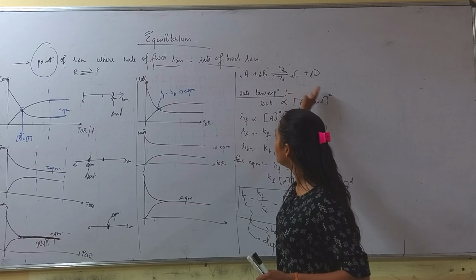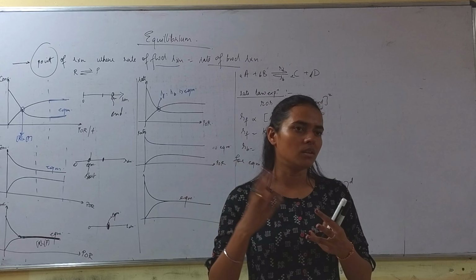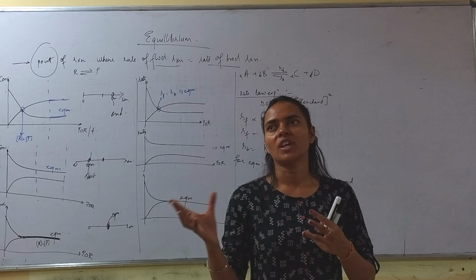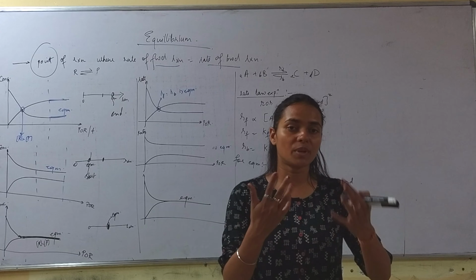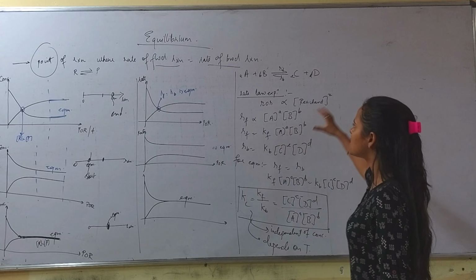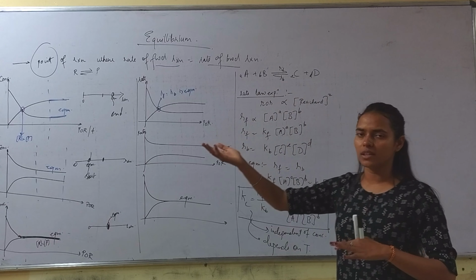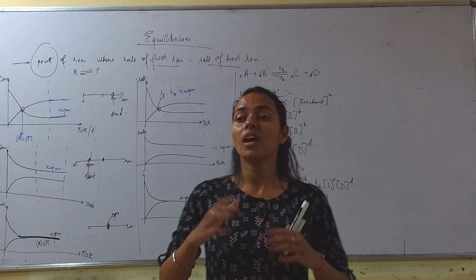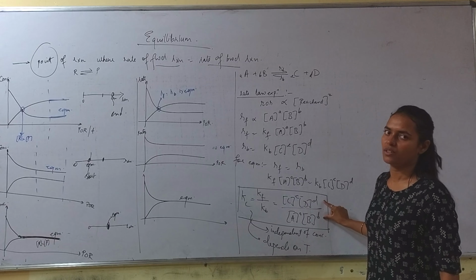The cause can be an increase or decrease in concentration, a change in temperature, addition of some noble gases, or a change in pressure. Okay, so these are all involved with Le Chatelier's principle. We will cover Le Chatelier's principle in the next class, but we need to know that because of it, Kc does not depend on the concentration.